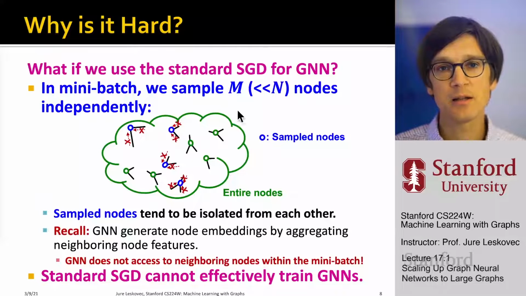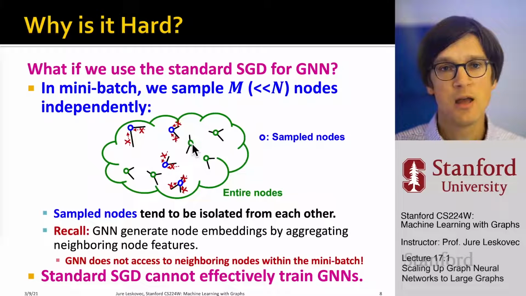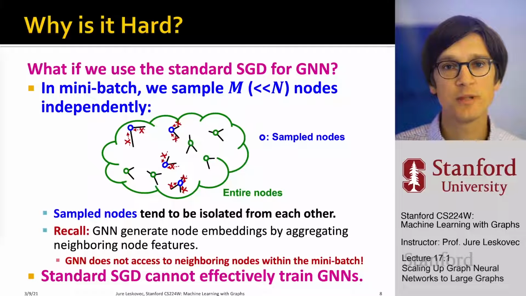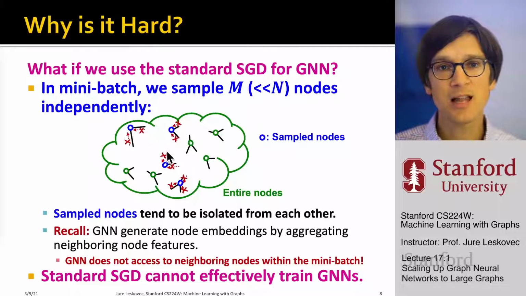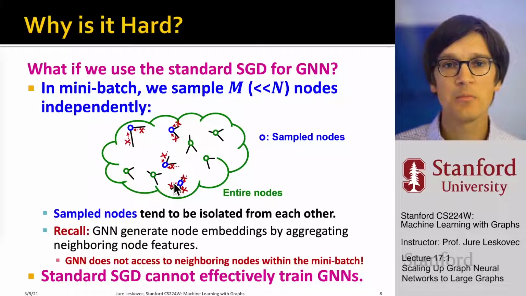And because the mini batch is much smaller than the total size of the graph, what is going to happen is that, yes, I'm going to sample these nodes, but the way graph neural networks operate is that they aggregate information from the neighbors, but most likely none or the majority of these neighbors won't be sampled in our mini batch.